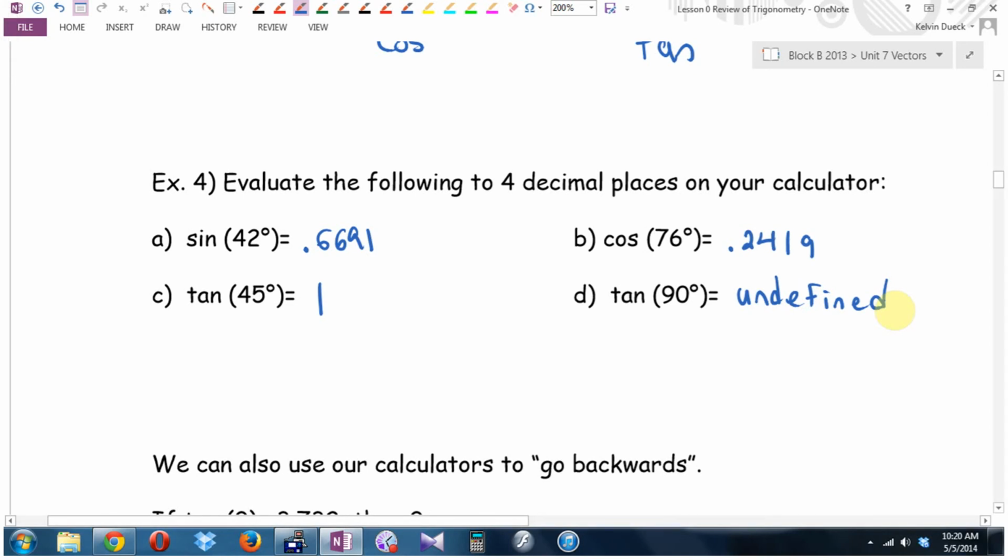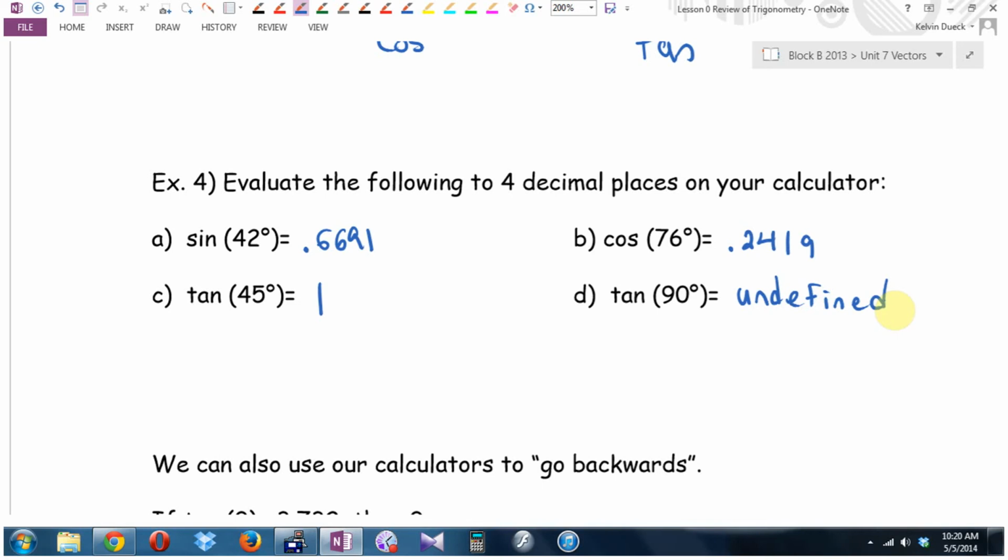Which one gives you an error? Okay, you can't find the tangent of 90. We'll talk about why some other time. But I got 0.2419 for the cosine of 76 degrees. Tangent of 45, I happen to know is 1. It's a nice round number.